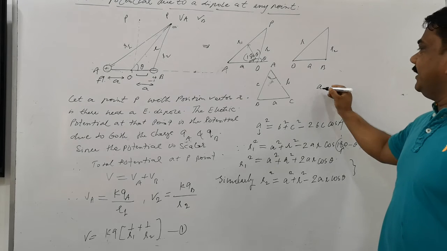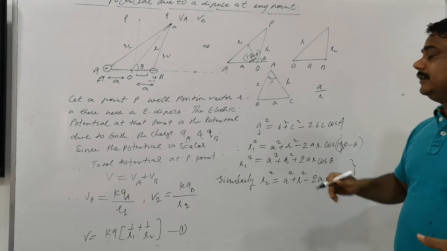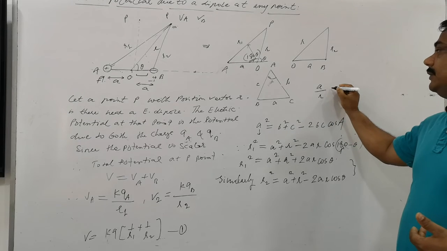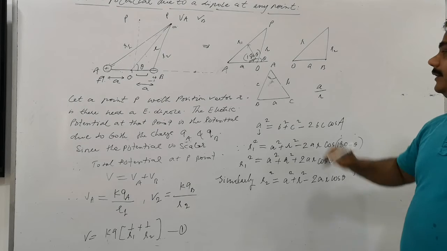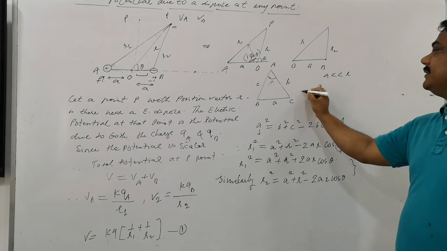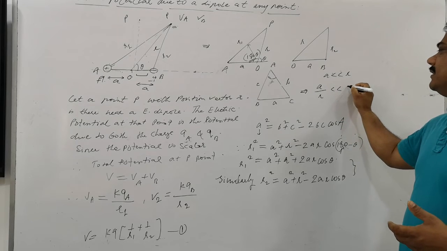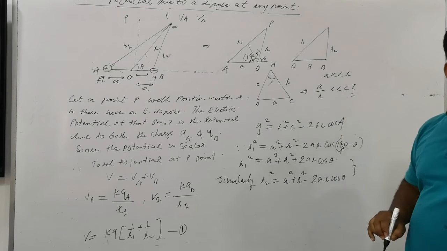Clear? So a is small. If I divide it by r, a more smaller quantity will develop here. You can say a is very much smaller than r, which implies that a by r is very much less than 1. Is that clear?